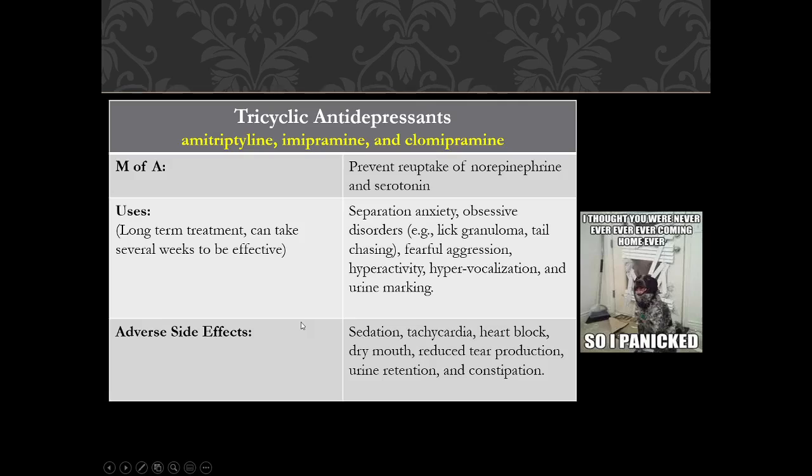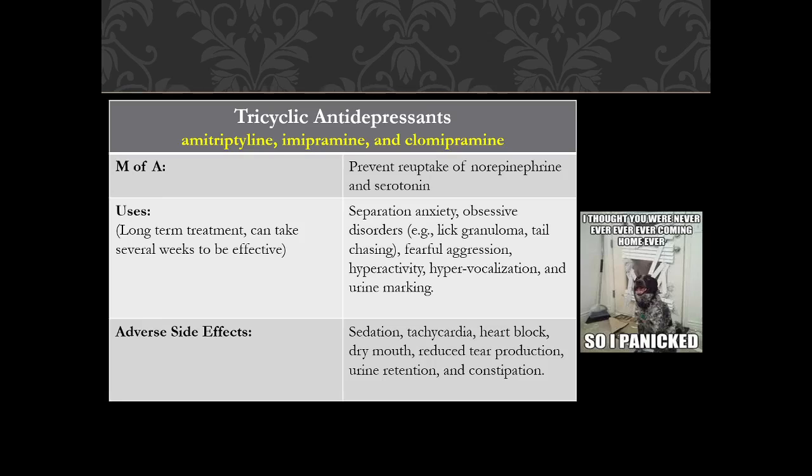Tricyclic antidepressants, so another category, includes amitriptyline, imipramine, and clomipramine. Clomipramine has been actually tested in dogs for separation anxiety. It's called Clomicalm. Mechanism of action is to prevent reuptake of norepinephrine and serotonin. So it's used for separation anxiety, obsessive disorders, lick granuloma, tail chasing, fearful aggression, hyperactivity, hypervocalization, and urine marking.